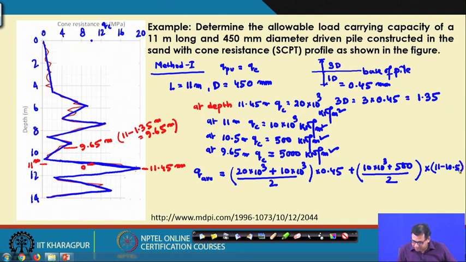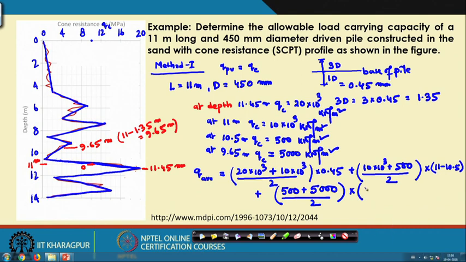Then the last one, the average is 500 plus 5000 divided by 2, into the thickness, which is 10.5 minus 9.65.